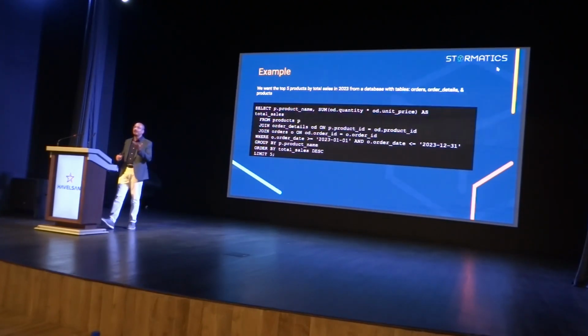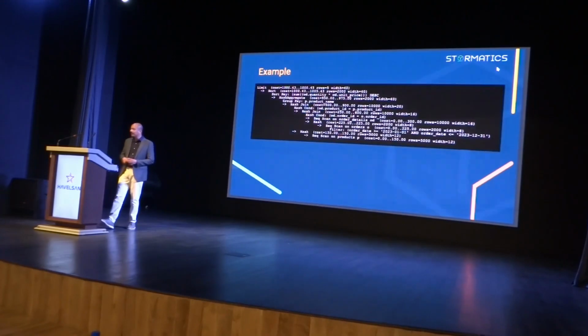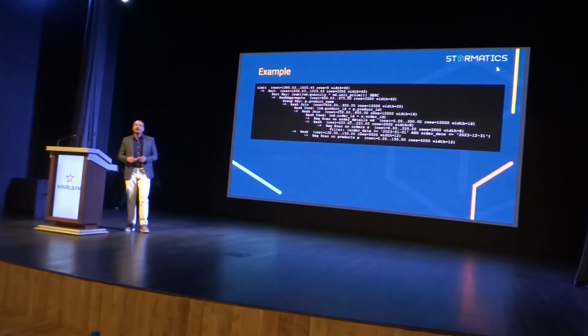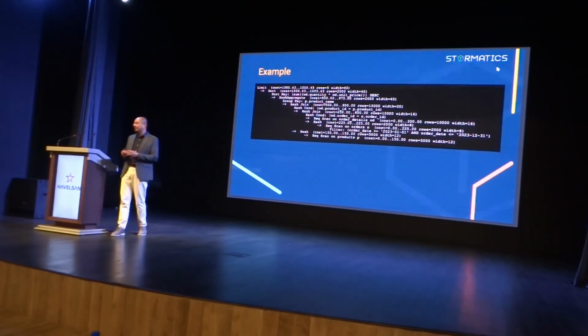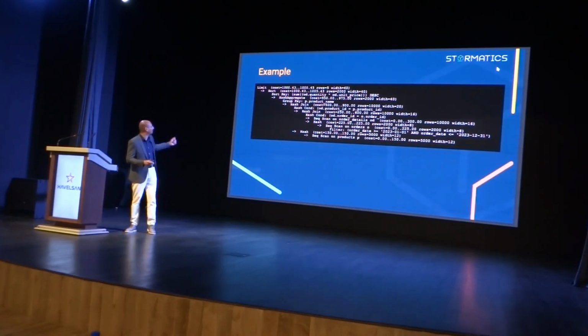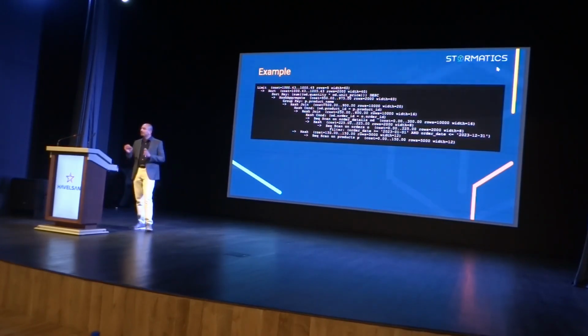Now, if you run explain on this query, this is the output that you get. To somebody who's looking at an explain plan for the very first time, this is a lot of gibberish. Right? It's like, what is going on over here? But a few key things.